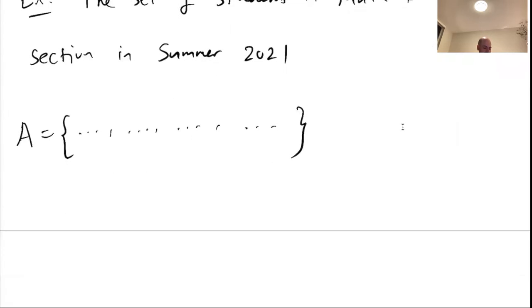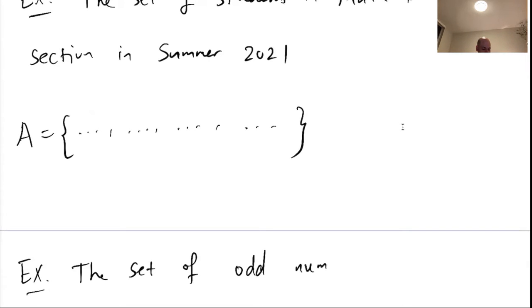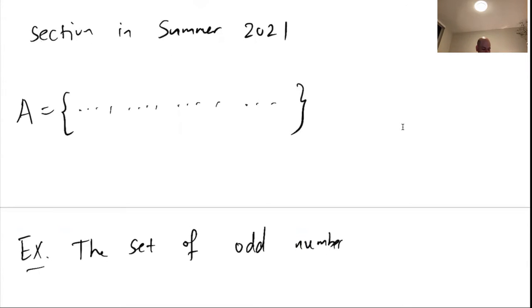Okay, or for example, let's say the set of odd numbers which are positive and less than 10.